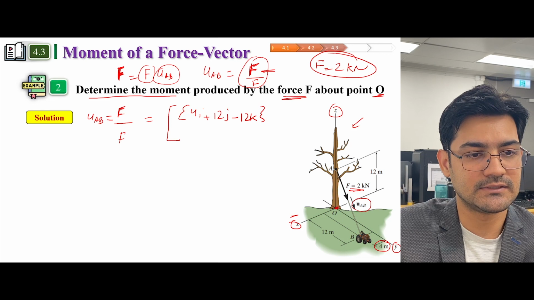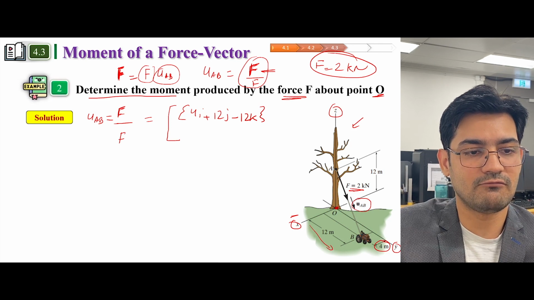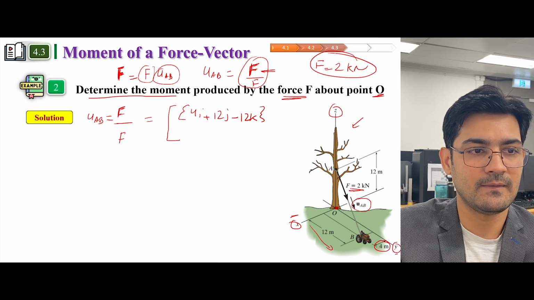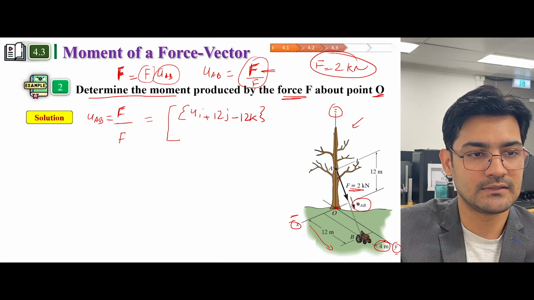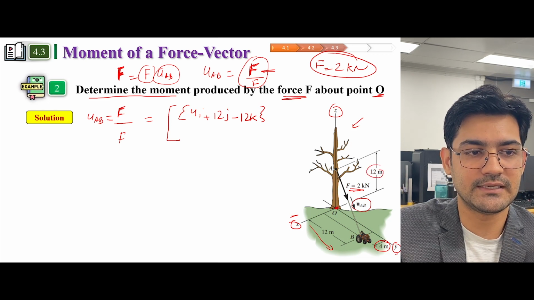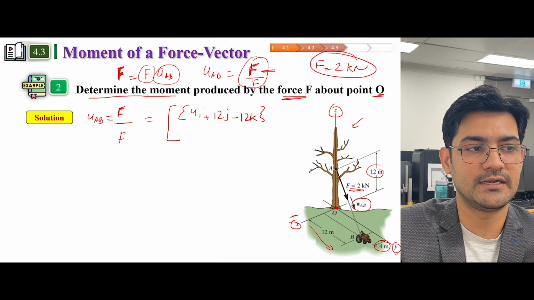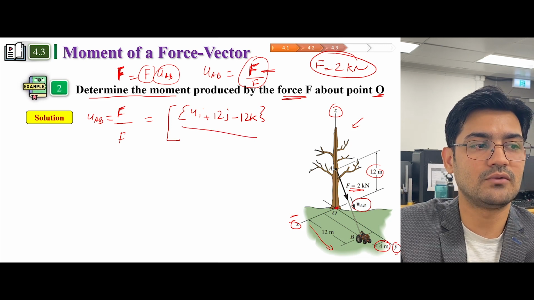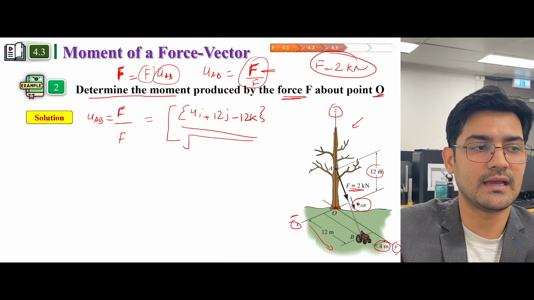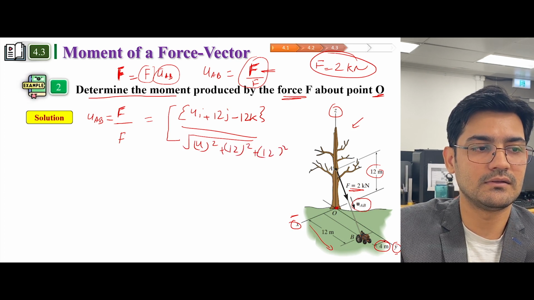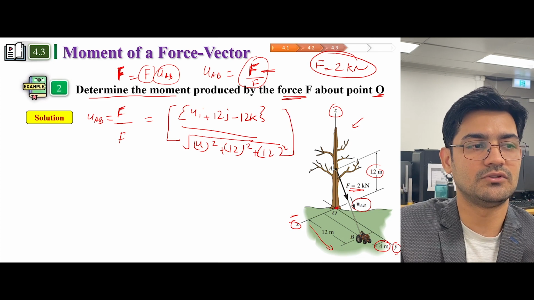This is 12 which is along the y-axis, so 12j, and this is 12 but it's downward, so I will put negative 12k. So how to calculate the magnitude? We can calculate the magnitude by squaring all these distances and taking the square root of it. So this is how you calculate this UAB.